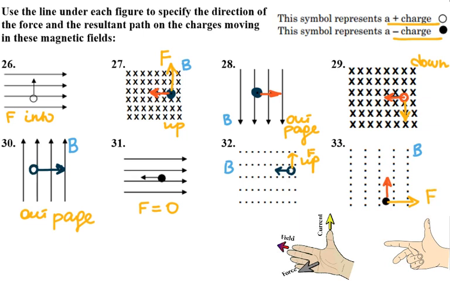Oh, it's a negative charge, so the force is not to the right, it's in the opposite direction. So for the negative charge, it's toward the left, because your palm is facing to the right, but the force is going to be acting in the opposite direction.